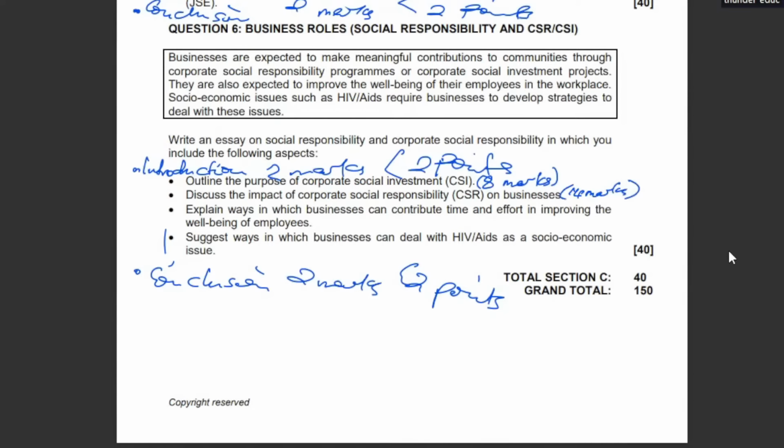You're expected to come up with 7 points. So now I'll take 8 points. I'll take 4 for positive, and also I'll take 4 for negative, because once the question says give the impact, it actually takes into account both positive impact as well as negative impact.